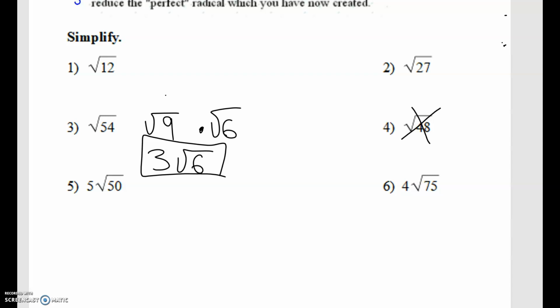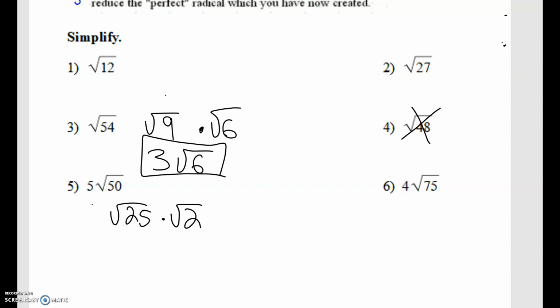All right, now we're going to take a look at these last two. These last two are a little different, and you'll notice that we have a number next to the radical. I'm going to just ignore that 5 for a second and break down 50 the same way. I notice 25 is going to go into 50, so it's going to be 25 times radical 2.